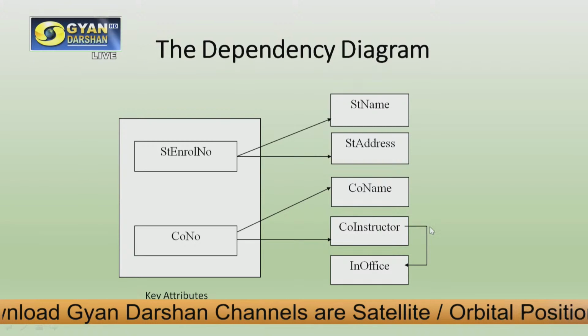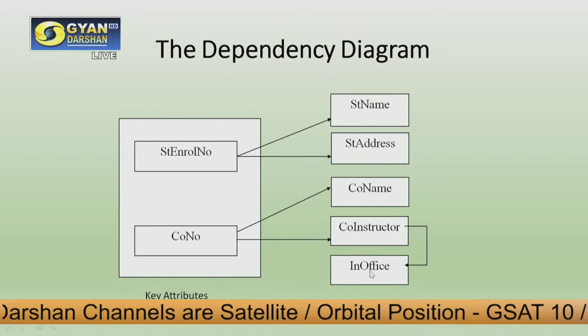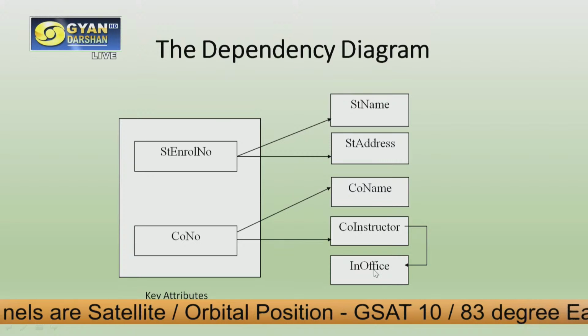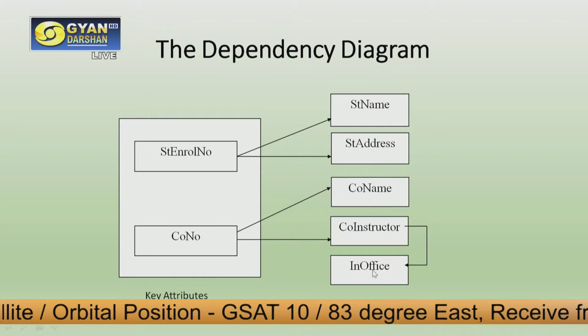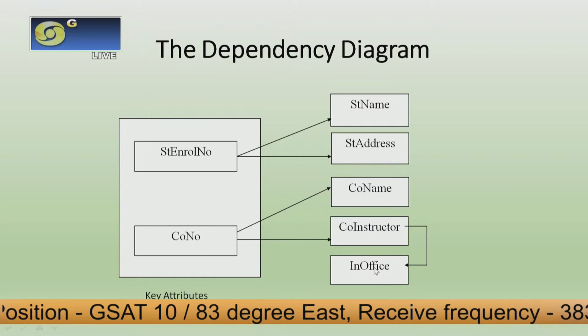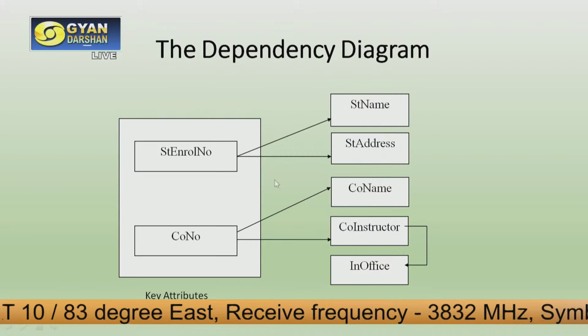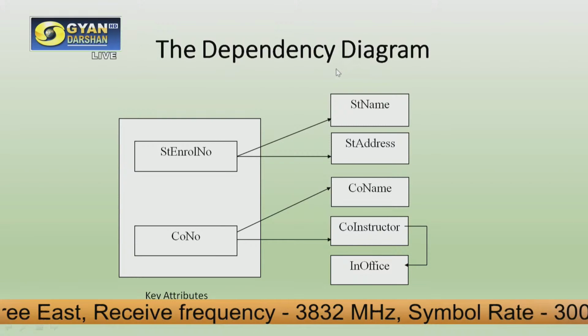However, the course instructor is determining the office, that is, the telephone number of the office of that particular person. So this dependency diagram is a very important step in solving this particular problem, right?